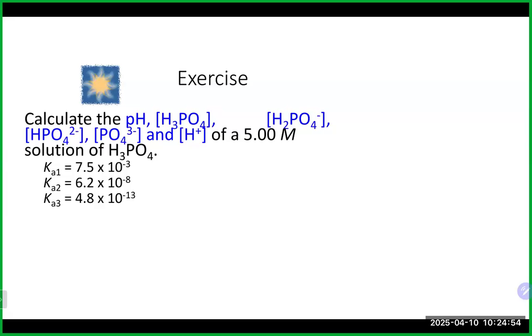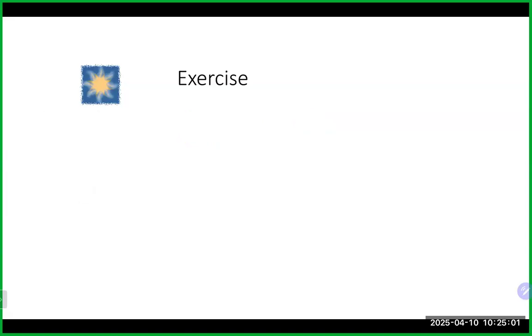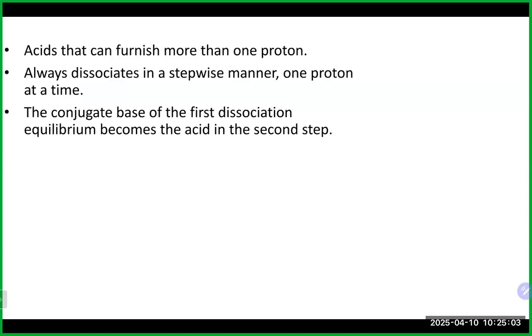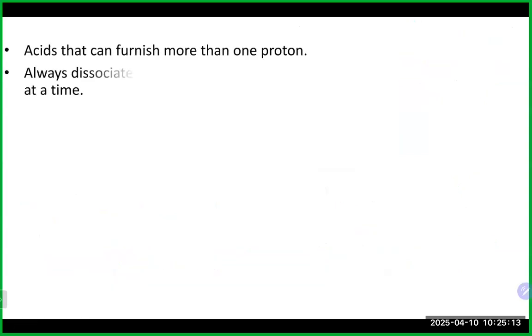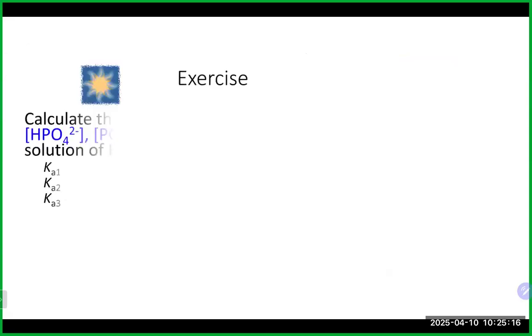So in this case, we actually want to calculate the concentration of pretty much everybody involved in this equilibrium. And if we look back at our equations I just had there, that pretty much is going to mean we're going to have to go through each of these equilibrium steps to find the concentrations of everybody. So let us do this one here and see how we work this.